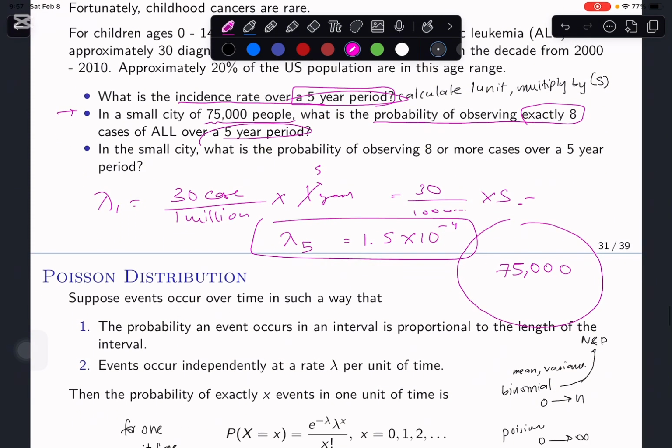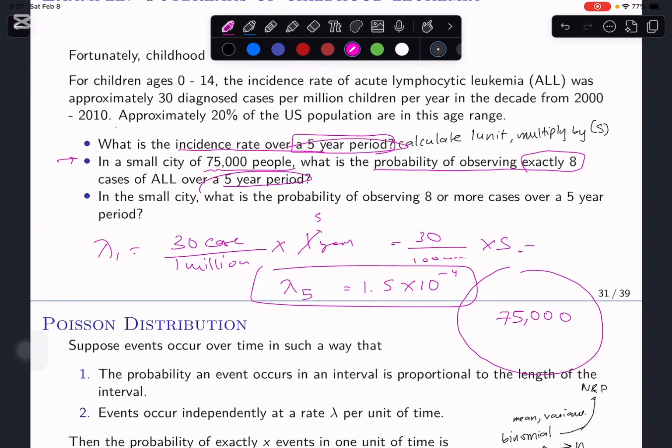One thing you want to calculate first: they said this small city has 75,000 people. In the question they said approximately 20% of the US population is in this age range. What age range are we looking for? 0 to 14. So they said only 20% of the population.